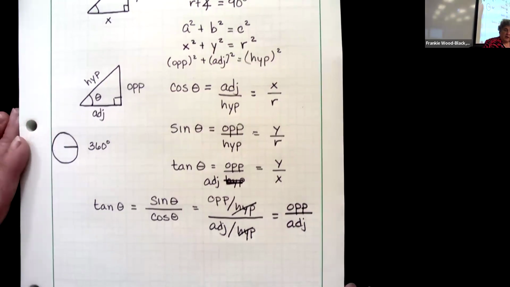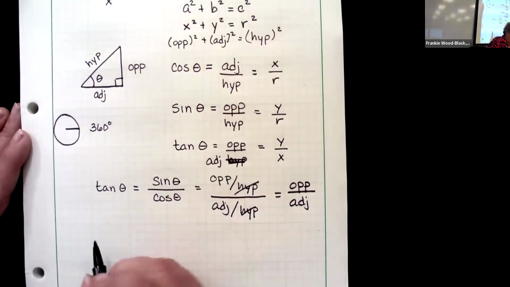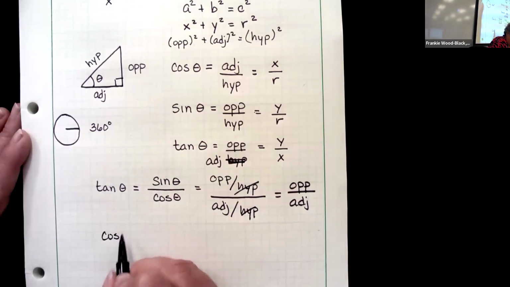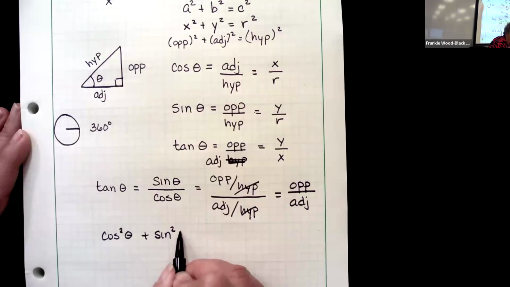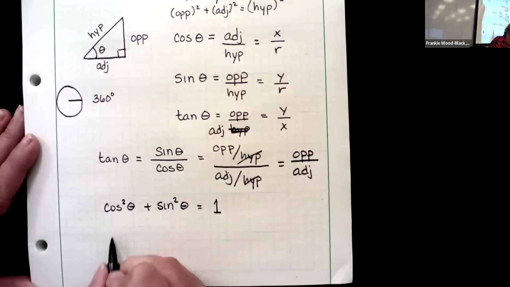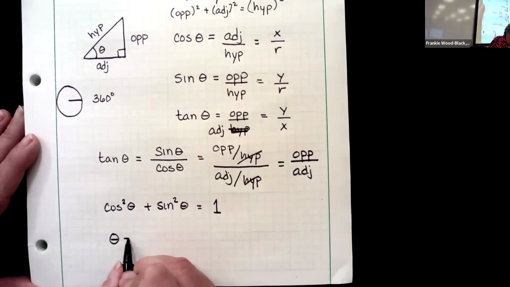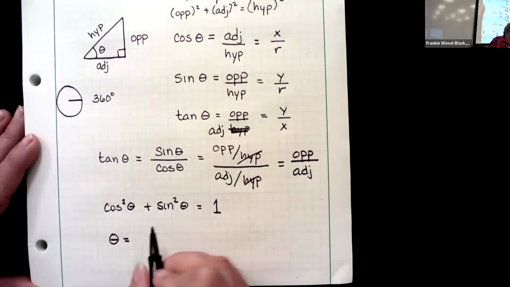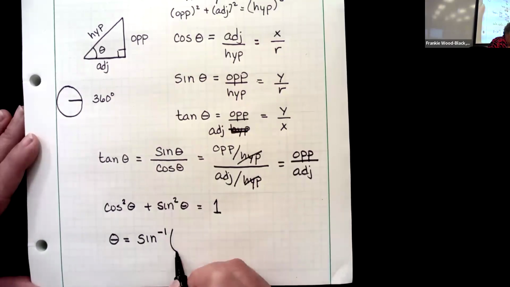A couple other things that we're going to need to know. The cosine squared plus the sine squared is going to equal 1. We're going to use that down the road a little bit. And my angle is going to equal what we call the arc sine, and this one is going to be my opposite over the hypotenuse.